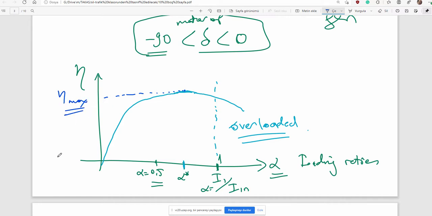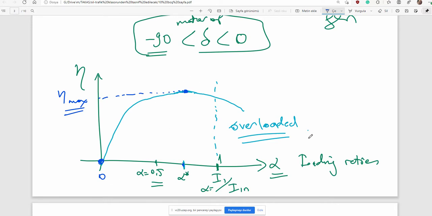Synchronous machines are very efficient systems, but you know that all systems in nature act similarly: they will have maximum efficiency at a certain point, and then there will be efficiency 0 when there is no action on the output.